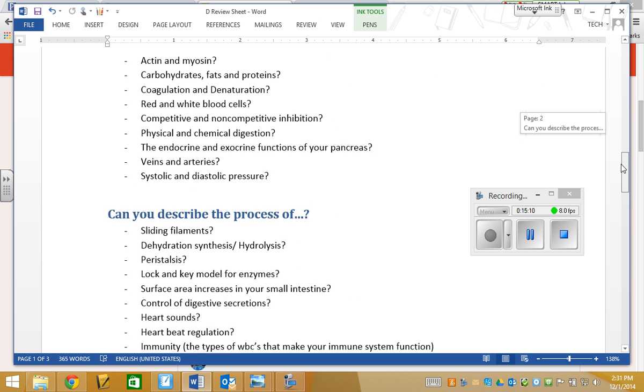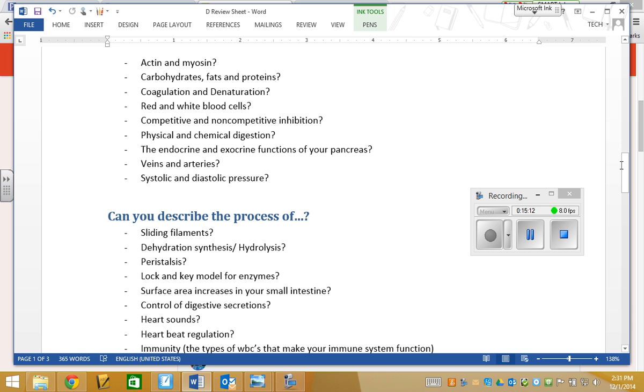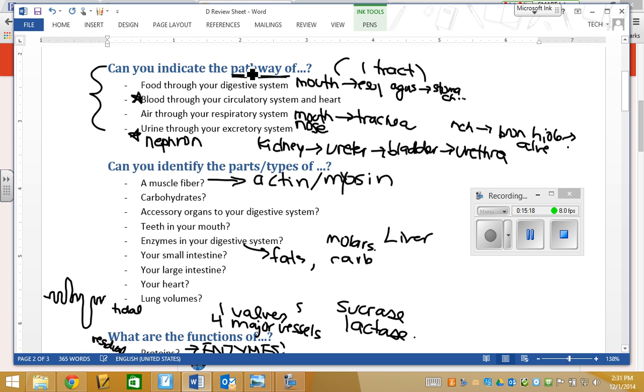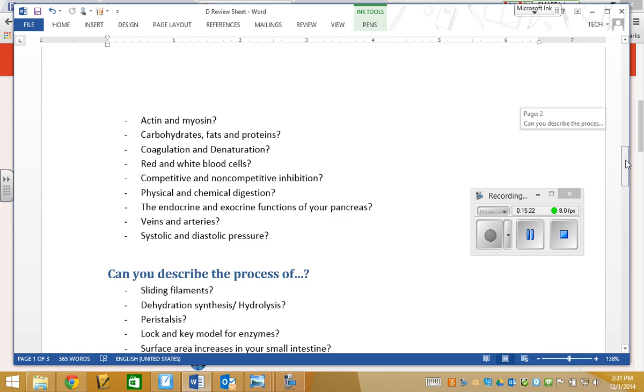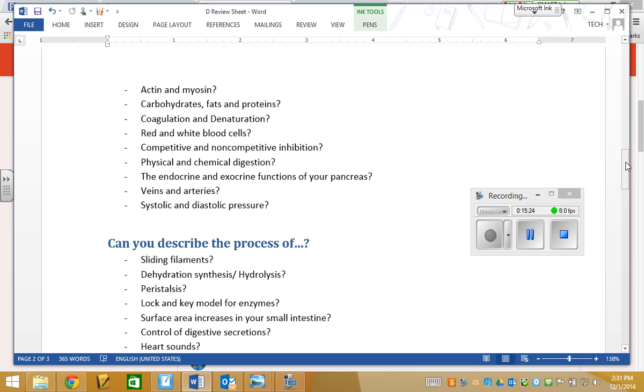So on the other side of the page, we're asking about the difference between actin and myosin. So I'd like to remind you, oh, that was funny. Let's go down. That if I was to draw one sarcomere, that is one unit that contracts in a muscle cell. The sarcomere is made up of two types of myofibrils.